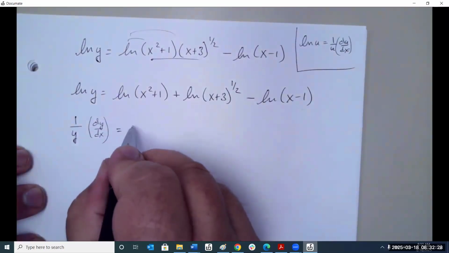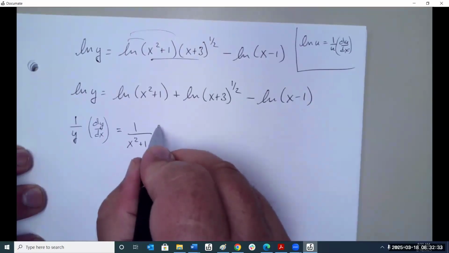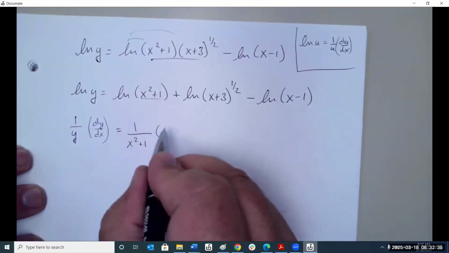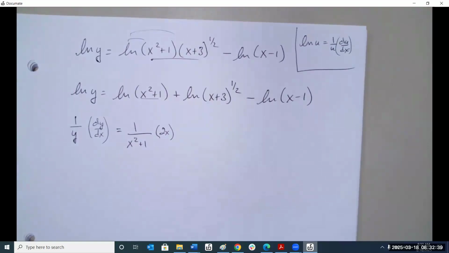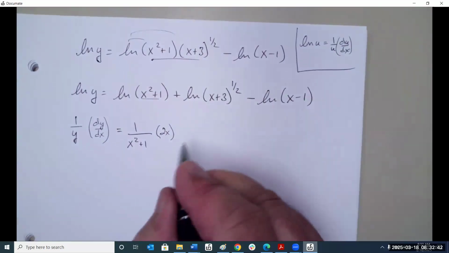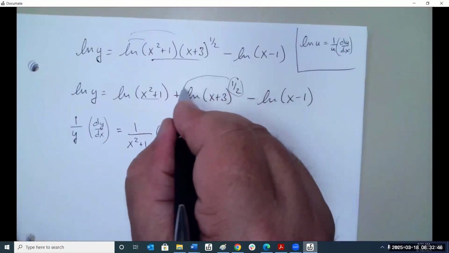So the derivative of this one is 1 over x squared plus 1 times the derivative of this, which is 2x. Plus, whoops, we have an exponent. Exponents go out in front.